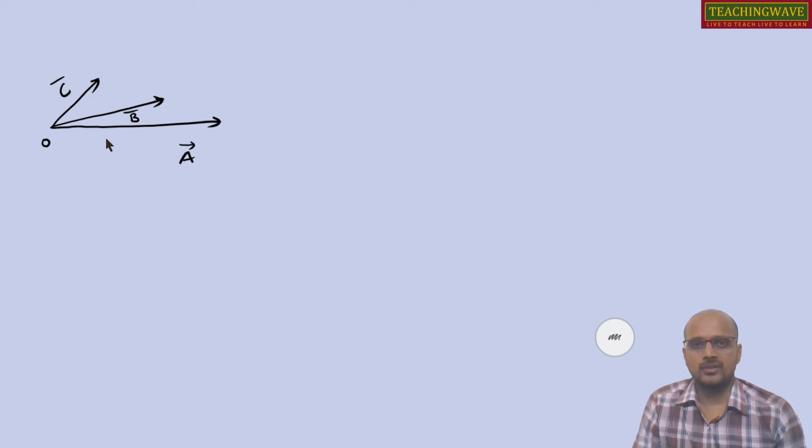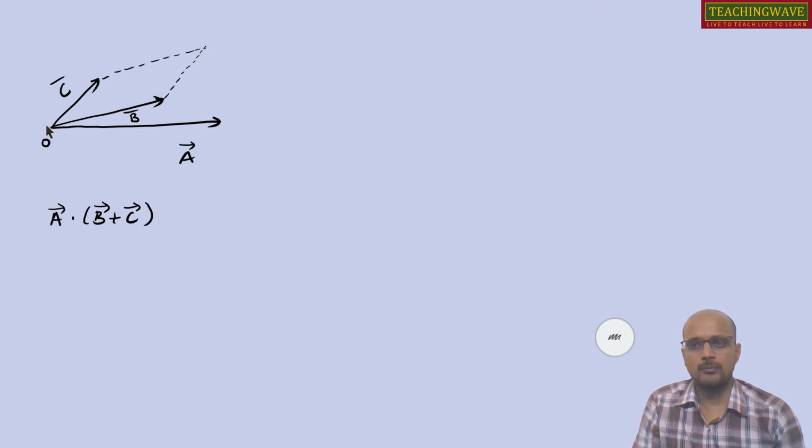Come to the left hand side of the distributive property, a bar dot b bar plus c bar. Here our second vector is b bar plus c bar. According to the parallelogram law of vector addition, we can construct a parallelogram with the two vectors b bar and c bar.